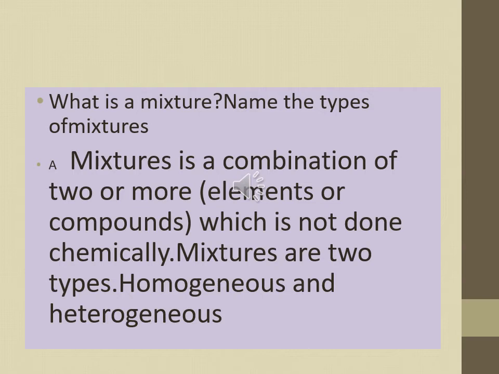I read once again. A mixture is a combination of two or more substances, that means elements or compounds, which is not done chemically. Mixtures are two types, homogeneous and heterogeneous. The next we will write answer in detail.